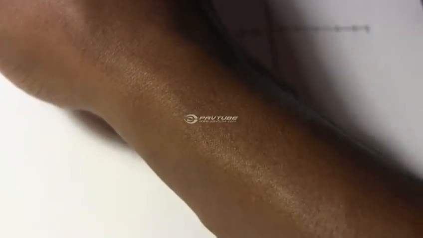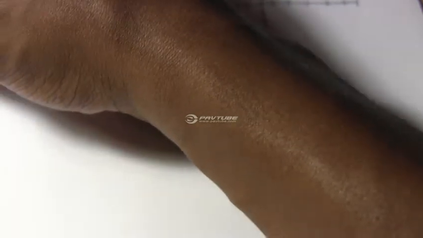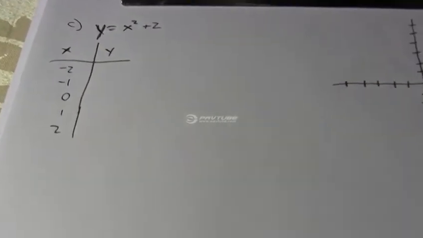All right, come back, same table, x and y. We'll do -2, -1, 0, 1, and 2. Okay?